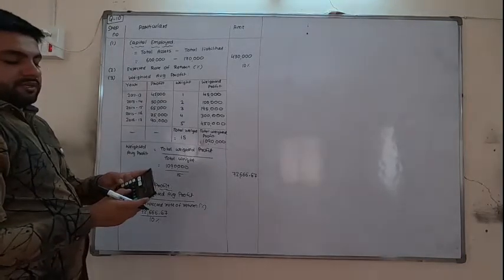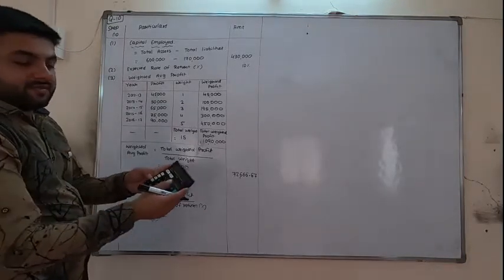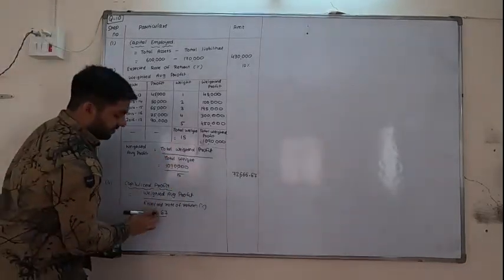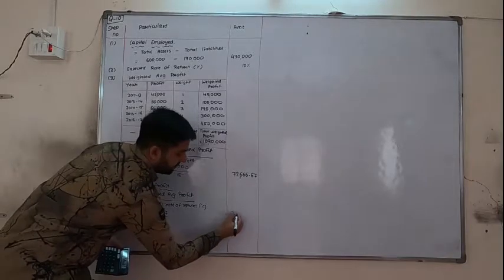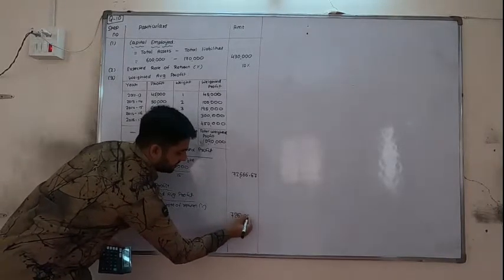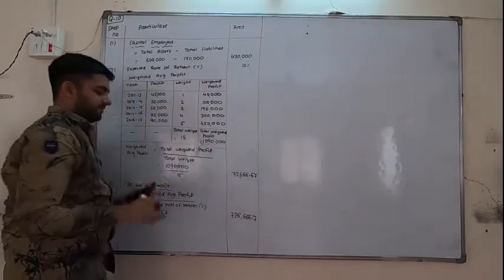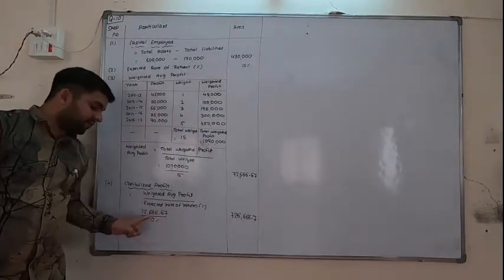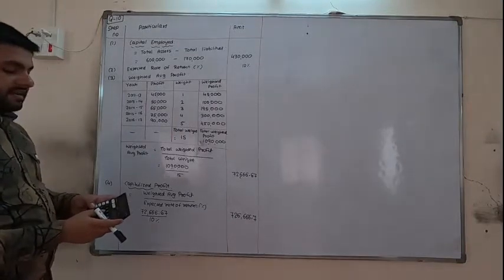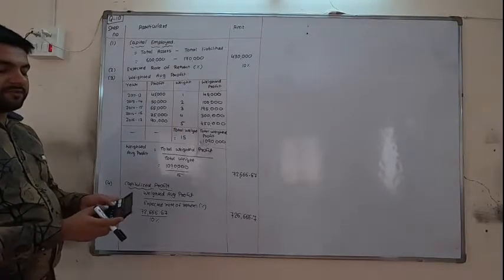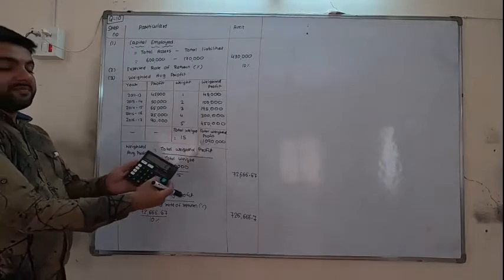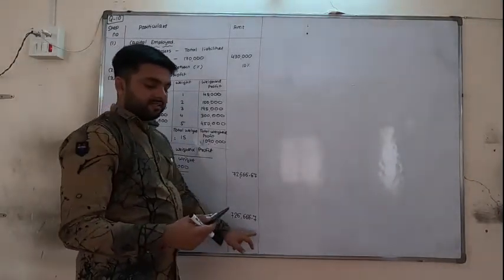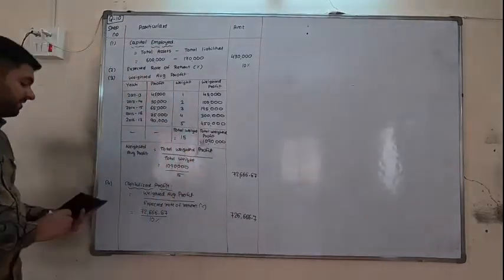When we have to divide by percentage, 1 point will move here. So 72,666.67 divided by 10 and press the percentage button. It will be 7,26,666.7.